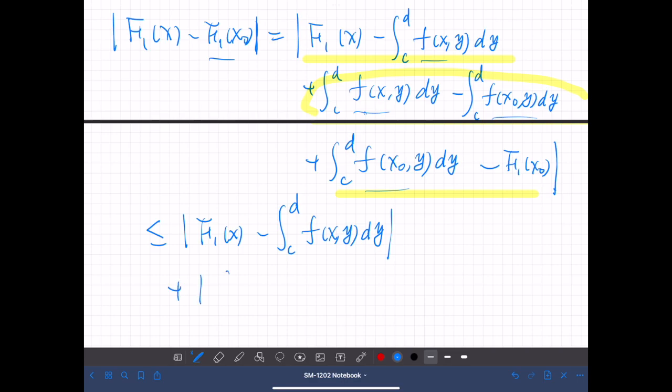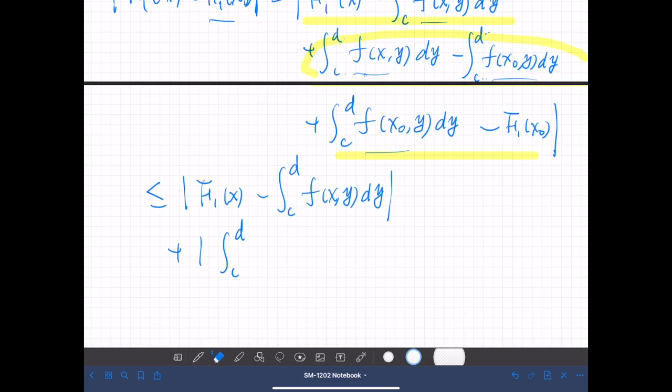Plus. So for the second part, since the range of integration is the same, we just put them together.